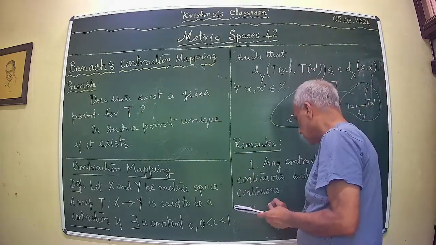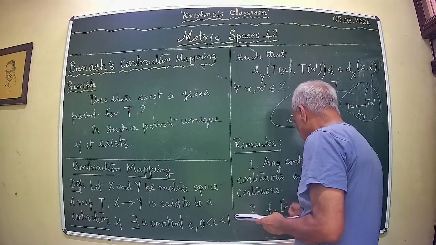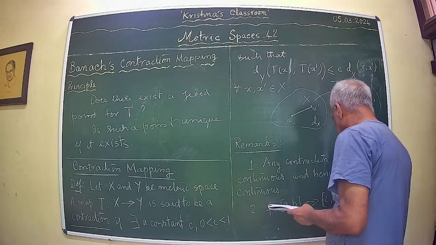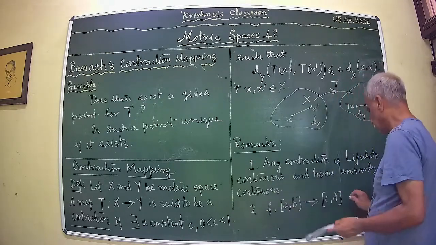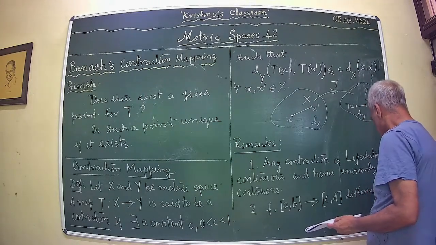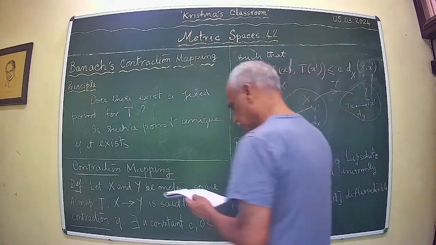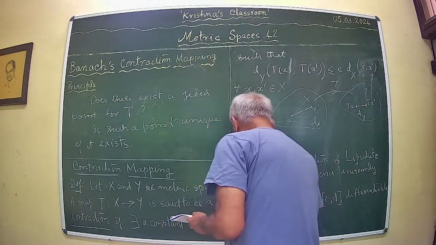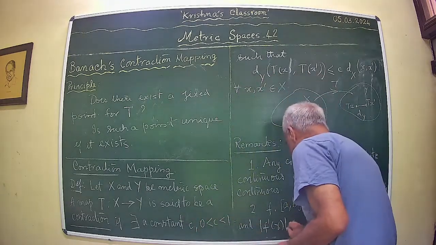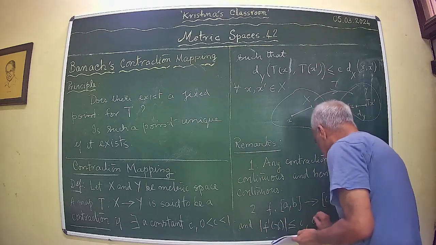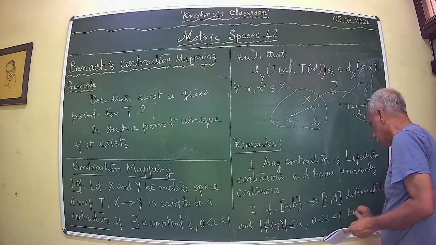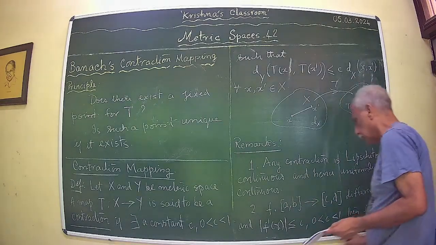Second one, suppose you have an f from a closed bounded interval [a, b] into [c, d], differentiable, and the modulus of the derivative of f at x is less than or equal to C, where C is less than 1, then f is a contraction.